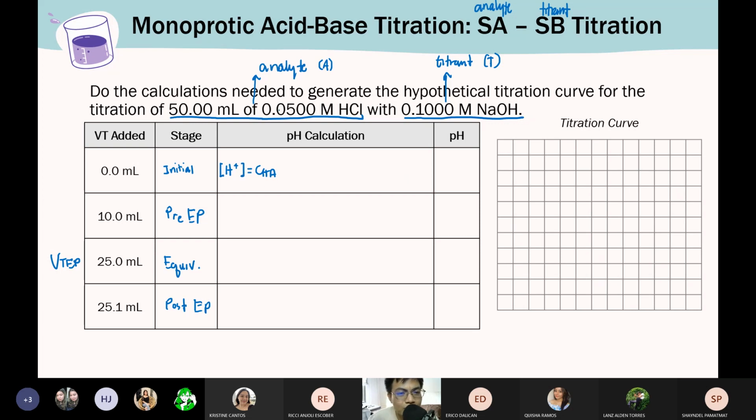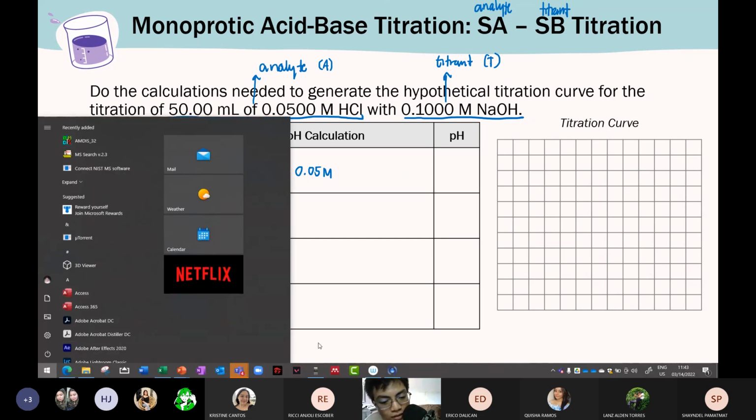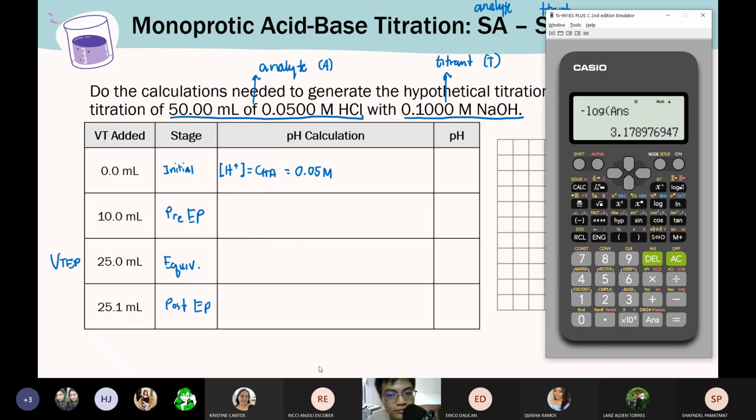Ano ba yung molarity? Edi yun, 0.05 molar na. What's the pH? Open doon tayo sa CalQ. So, ano yan? Negative log of 0.05.